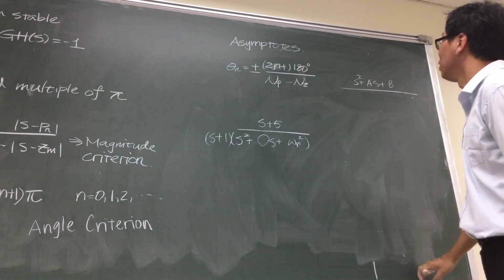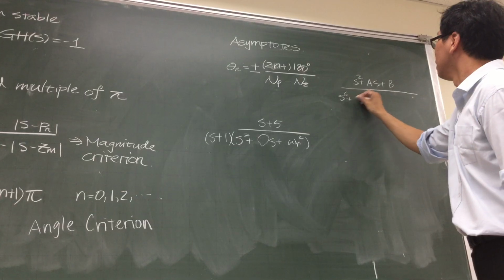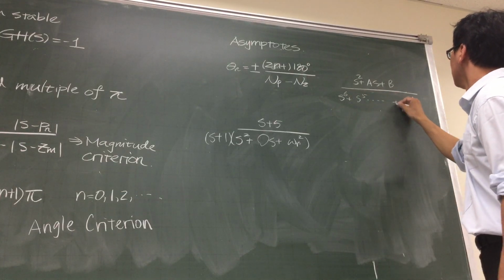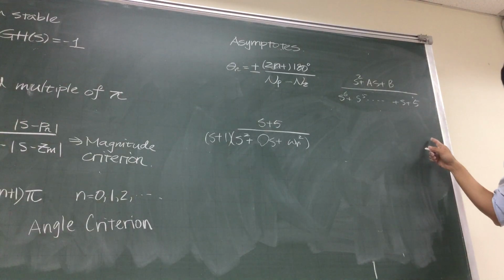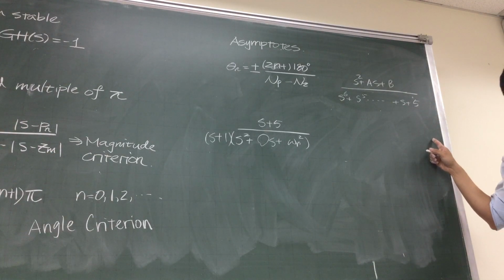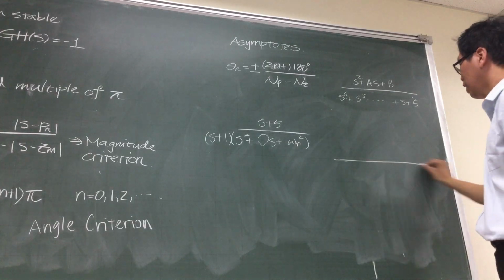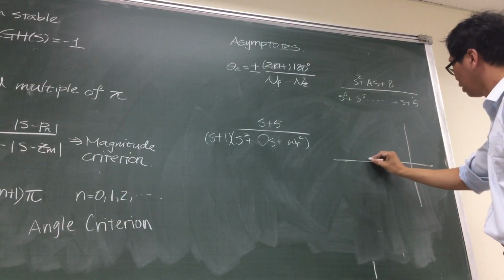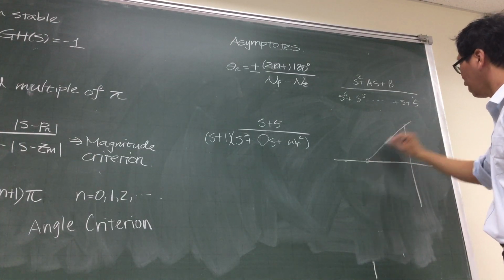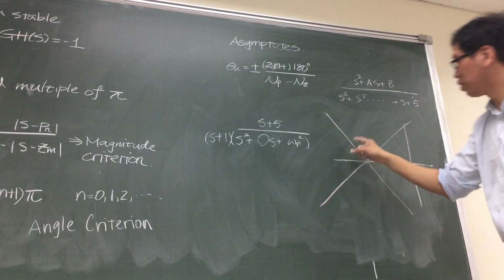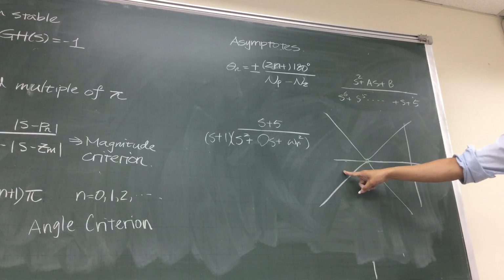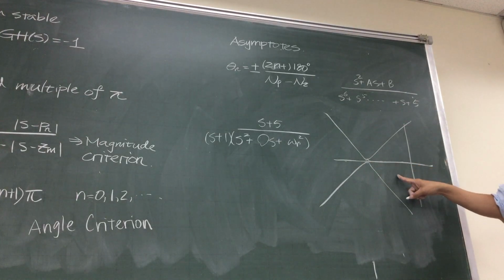So if I say it's going to be, what are you looking at? 45, 135, 225, negative 45.